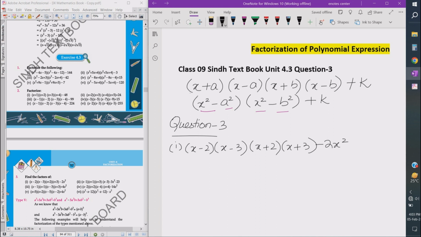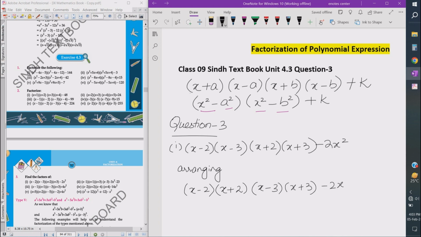Now we have to first arrange these terms. Why? Because first we have to make the difference of two squares method. So this one is similar and this part is similar.